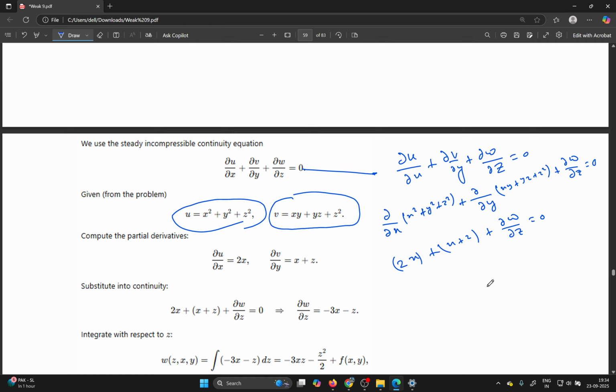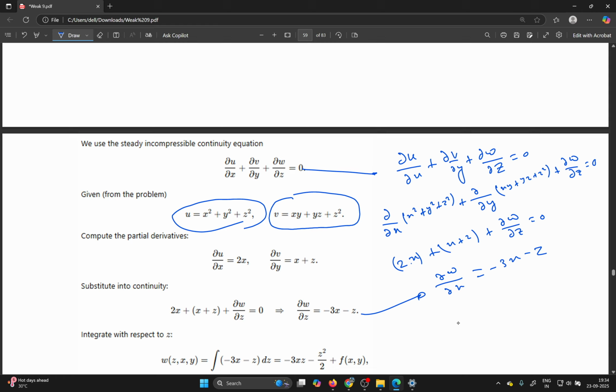Then del W by del Z is nothing but minus 3x minus z. So this similar thing is written here, and now you can integrate very easily.